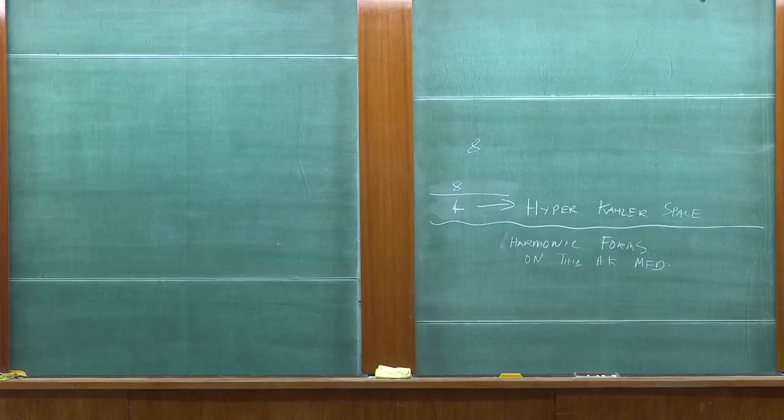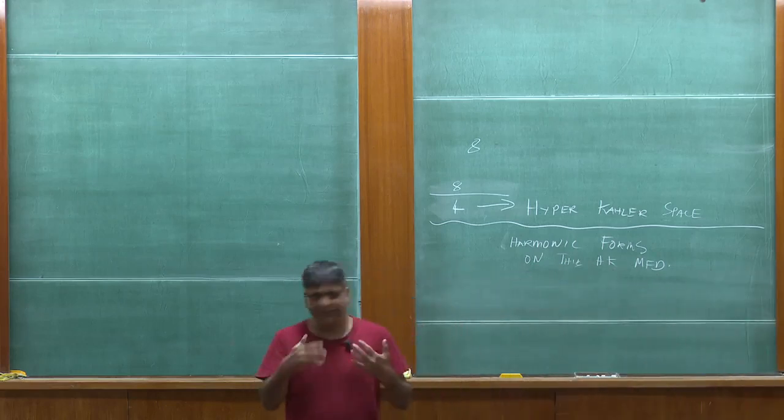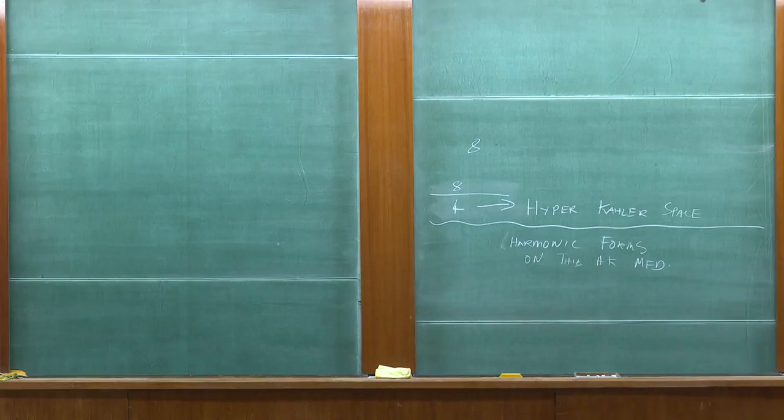Now, the fact that you can build arbitrary forms on this hyperkähler manifold, you can see as follows. The total number of fermionic zero modes is 8. Of these fermionic zero modes, we can pair them into annihilation and creation.